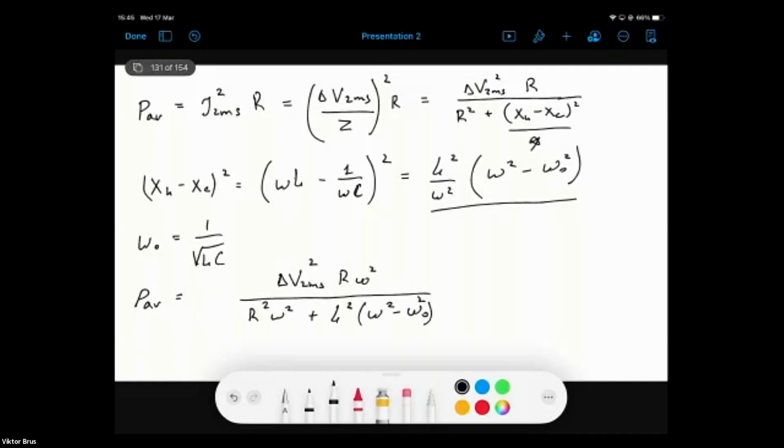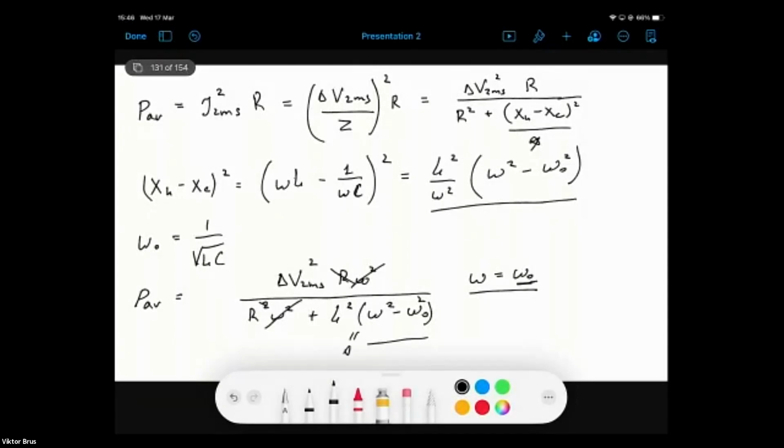Okay, so now when we have frequency equal to omega naught, this difference gives us 0, then in the denominator we have only R squared times omega squared. Actually omega naught squared, because omega is equal to omega naught. But we cancel out here and here, and also cancel this square and R in the denominator and numerator respectively, and this part is equal to 0.